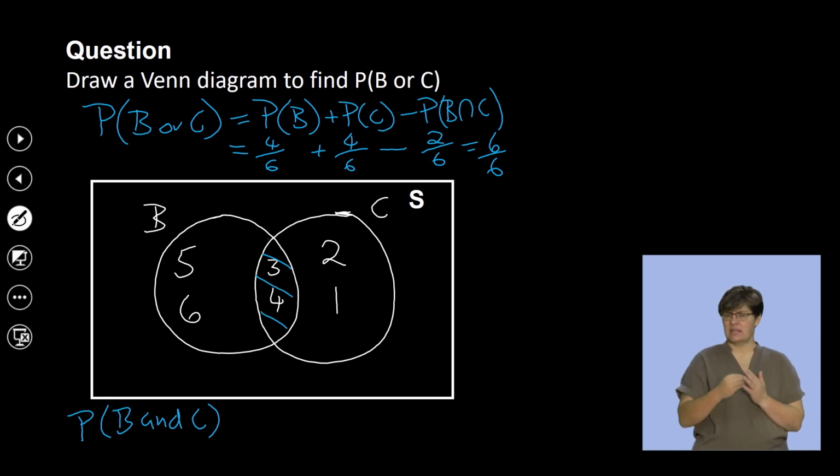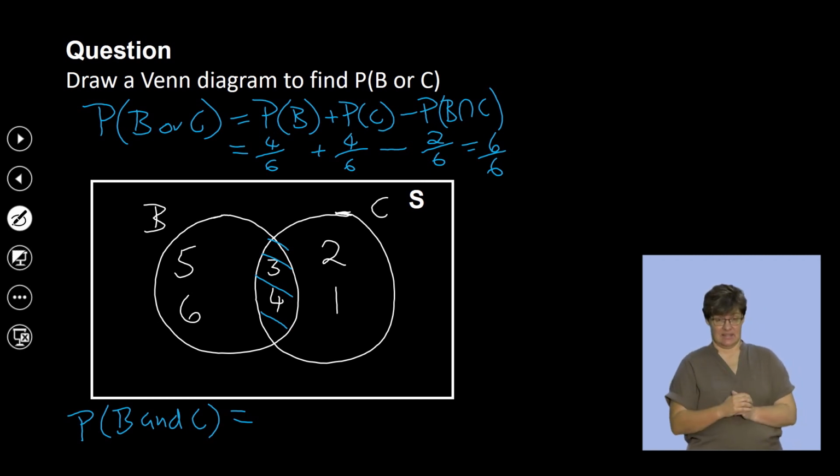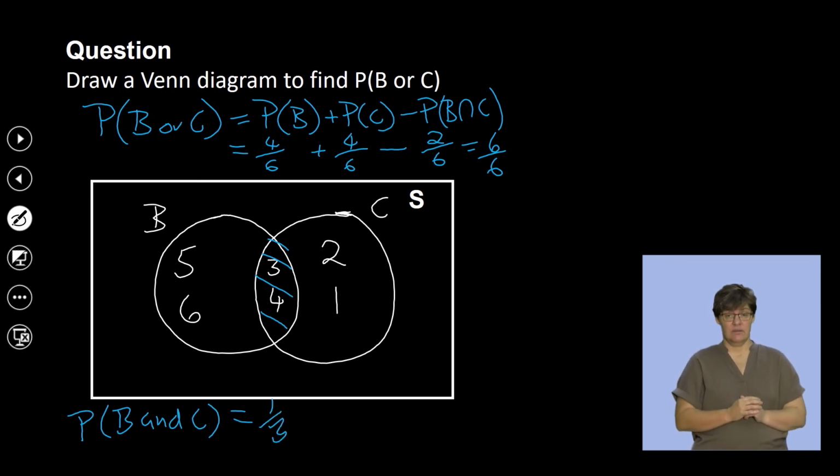Well, it's this here. We can recognize the probability of B and C. We calculated it over here. It's 2 out of 6, which is 1/3. And what we recognize is that we have got 1/3 as the intersection.